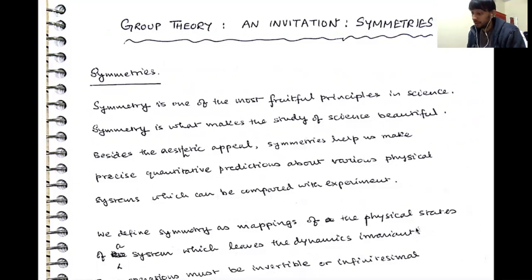I go on to write that symmetry is what makes the study of science beautiful. And besides this aesthetic appeal, symmetries actually help us make precise quantitative predictions about various physical systems, which can then be compared with experiments.